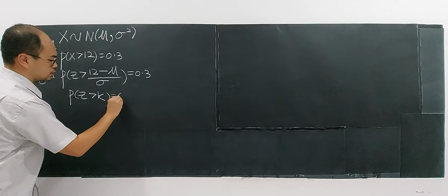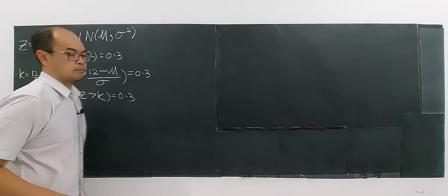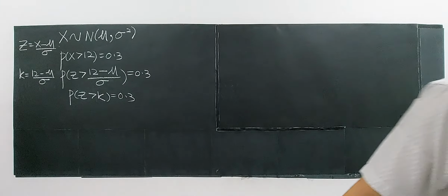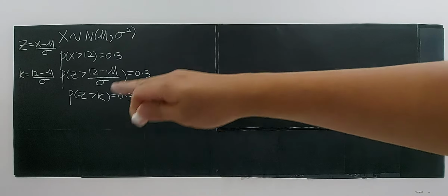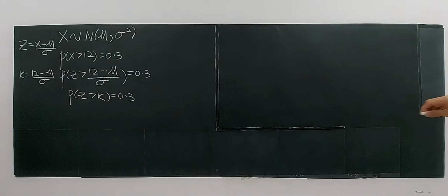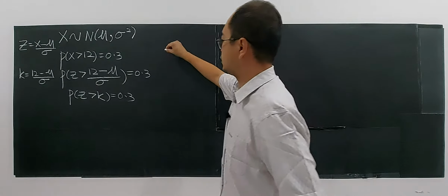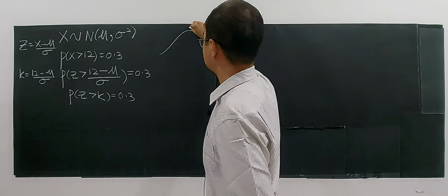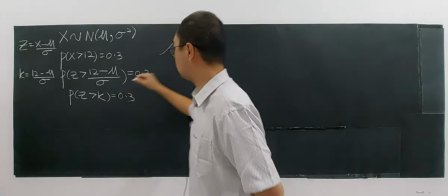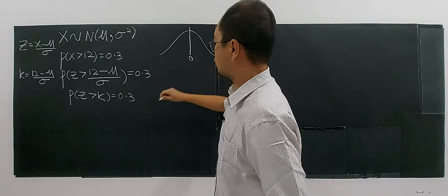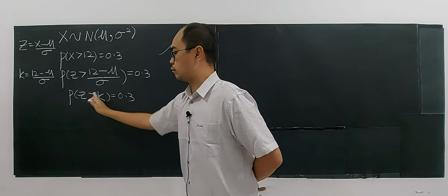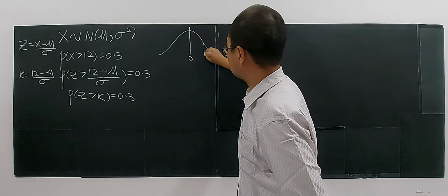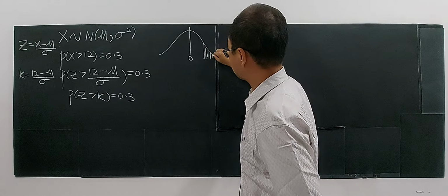So I know it's 0.3, more than k, and the area here is just 0.3. If this is a normal distribution and you standardize it, it becomes a z-score, which will be 0 at the middle. So 0.3, more than, means on the right.